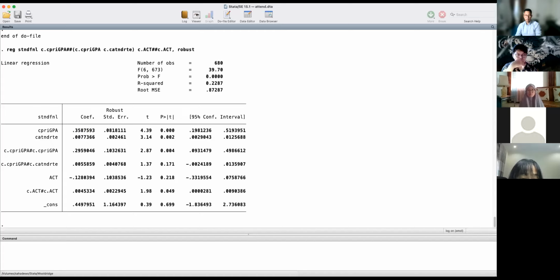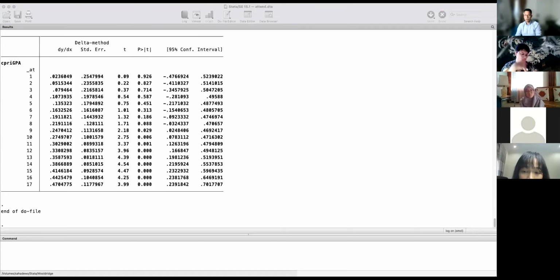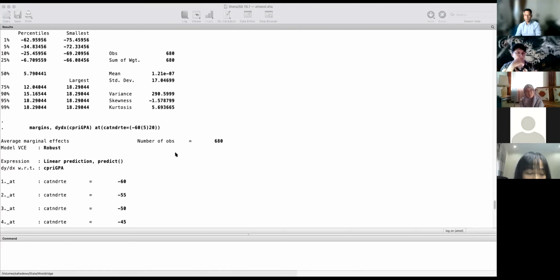We can do some graphics to see the marginal effect of prior GPA for different values of attendance rate. Okay, and so I'm going to introduce you to what's called the margins command. So the margins command is going to allow you to calculate the marginal effect of prior GPA for different values of attendance rate.